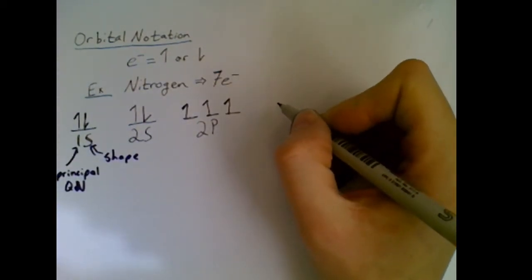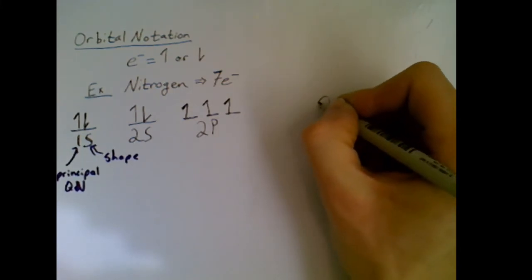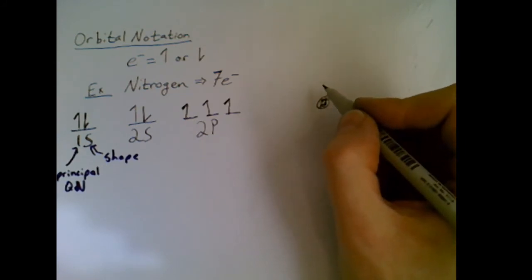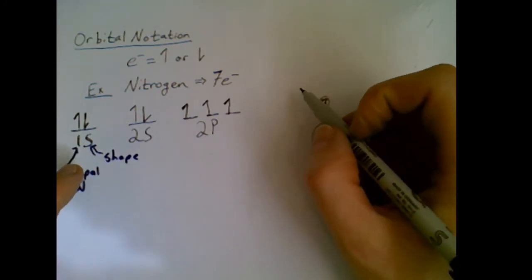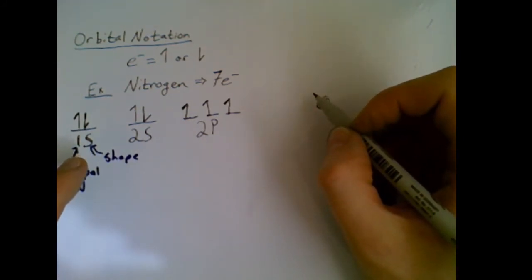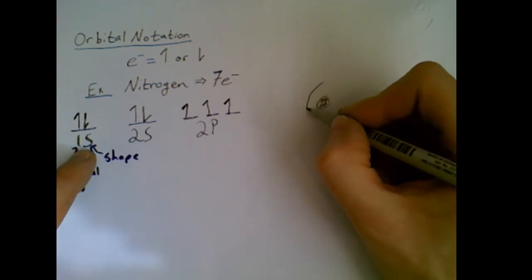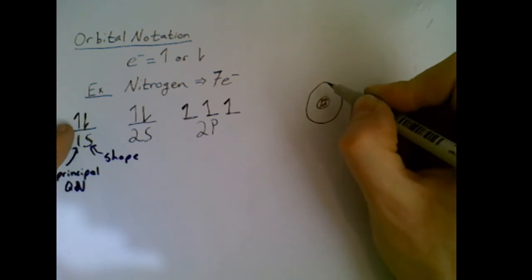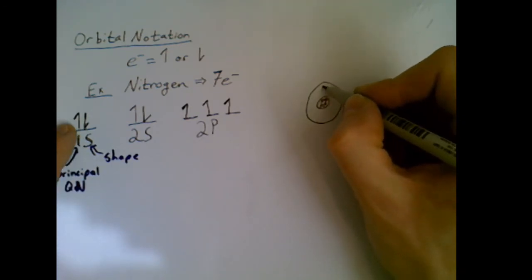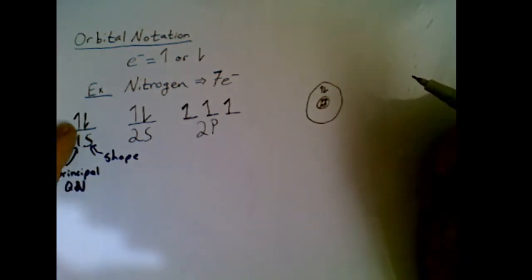So you have your nucleus with your protons and your neutrons in the center. And then in the first energy level, you have a sphere, that's the S, that holds 2 electrons, each spinning in opposite directions.